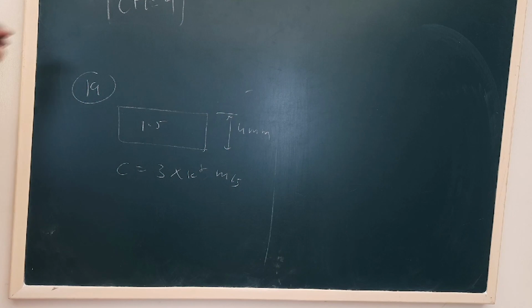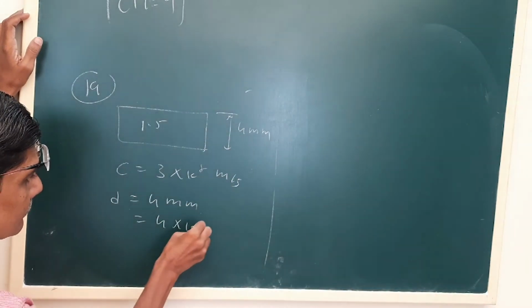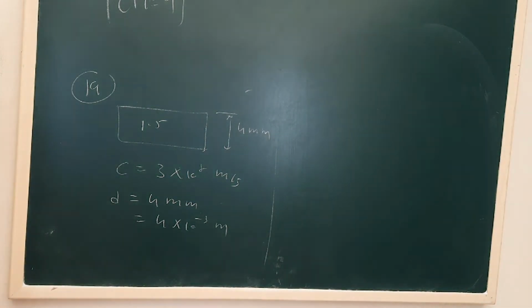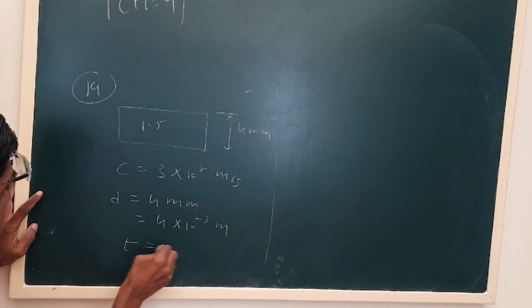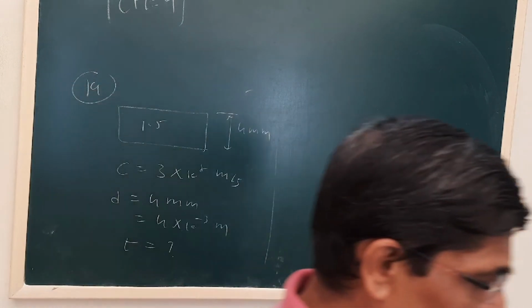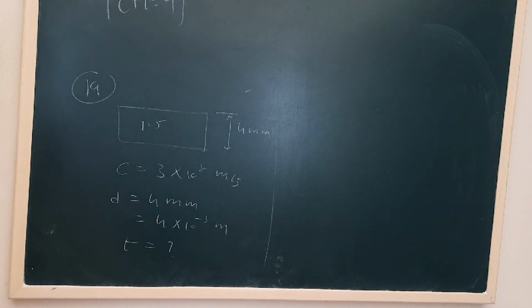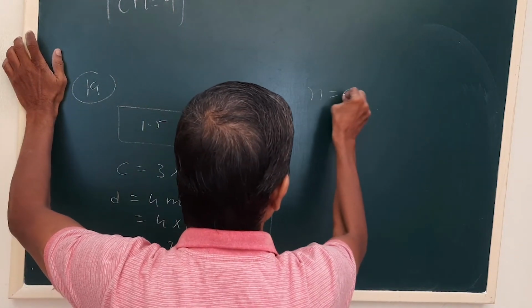This is the distance traveled. We have to calculate the time. Now, when a ray travels from a rarer medium to a denser medium, the speed will decrease. So, what is the formula we are using? n is equal to c by v.